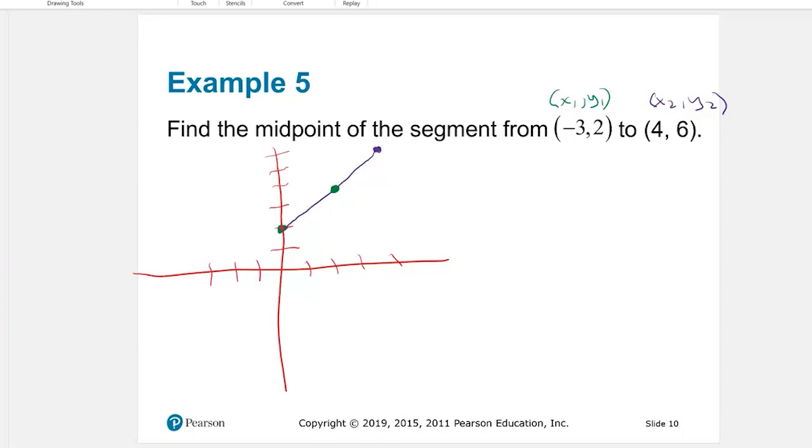And I don't know what the number is at the middle, but let's say that's the middle of that line. So again, what I'm going to do is make that triangle that I was talking about. And those are the two endpoints of the line, right? Actually, -3. I didn't do that right.